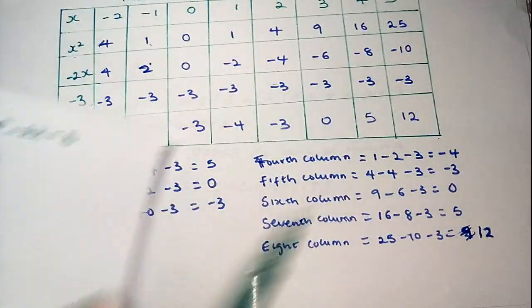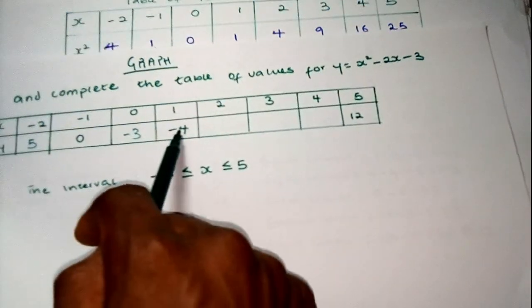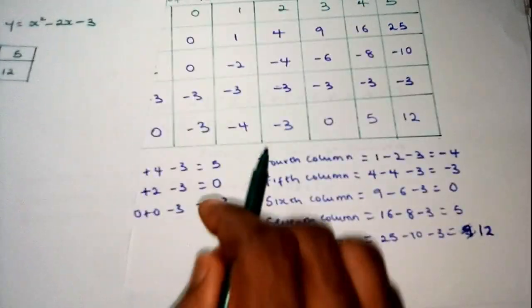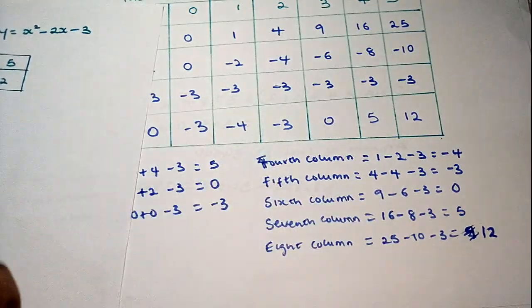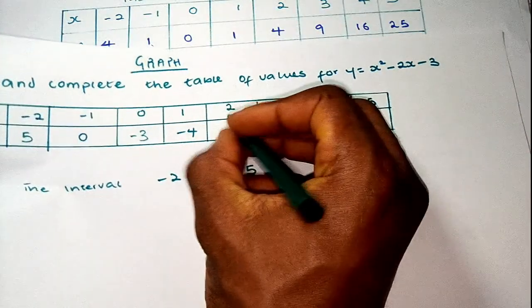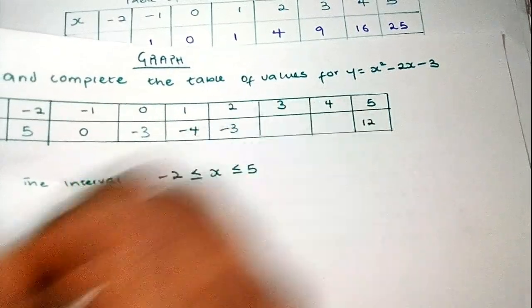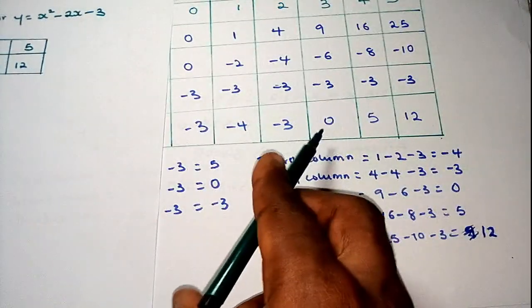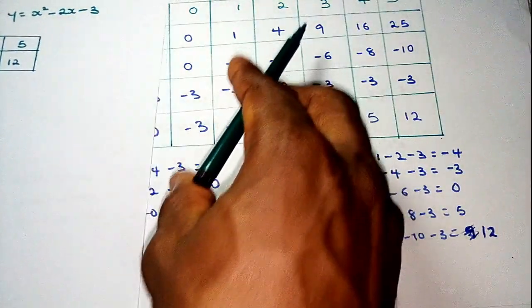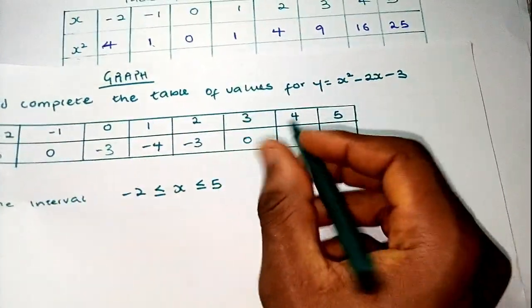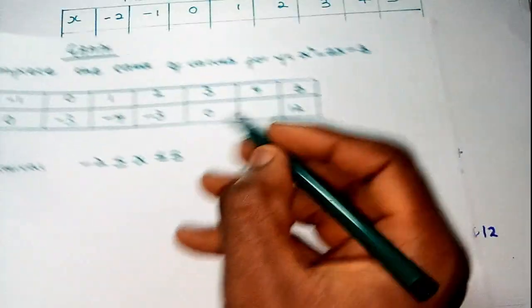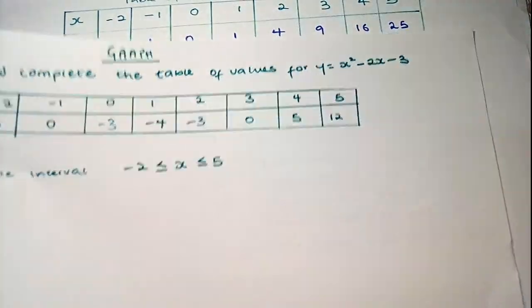Yeah, we got minus 3 here, so this is already there. Minus 4. Then the 2, that column, we have minus 3 here, so put it here. Minus 3 here also. Then we have 0 here for this column, so we'll put it 0. Then this, we have 5. So the table is complete.